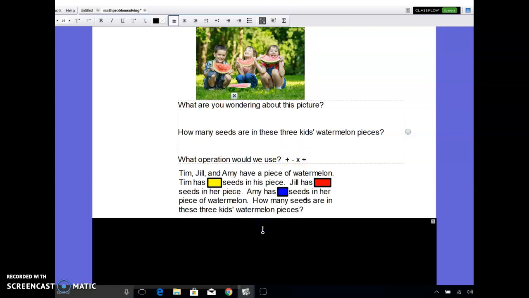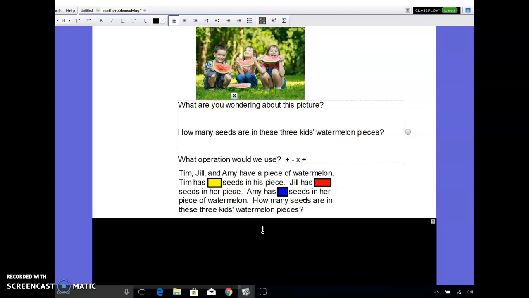It says Tim, Jill, and Amy have a piece of watermelon. Tim has blank seeds in his piece, Jill has blank seeds in her piece, and Amy has blank seeds in her piece of watermelon. And then there's that question again: how many seeds are in these 3 kids' watermelon pieces?